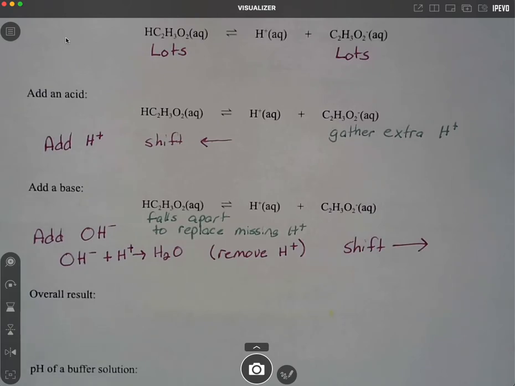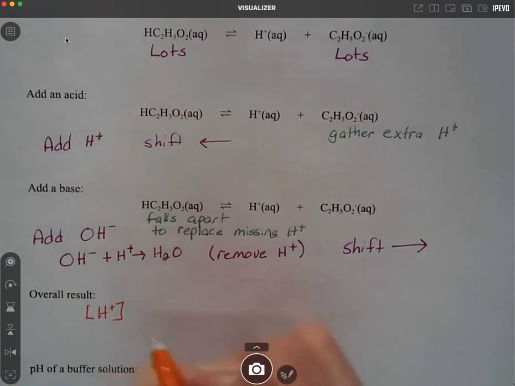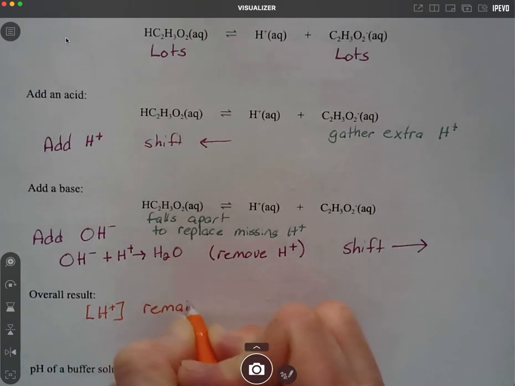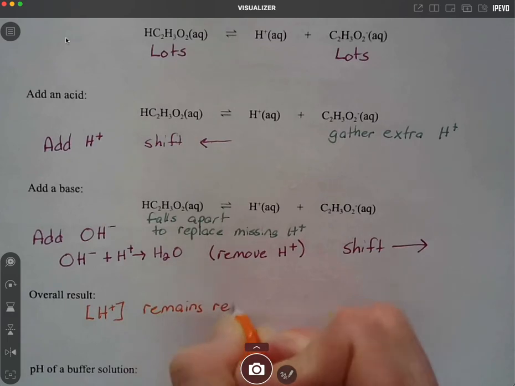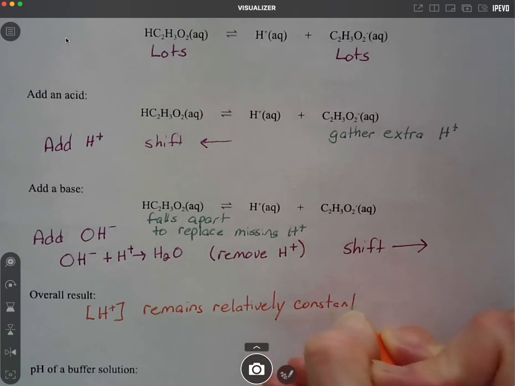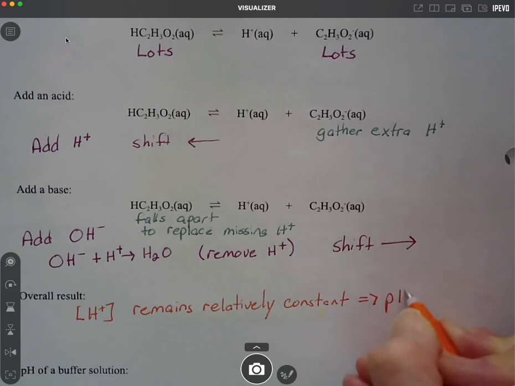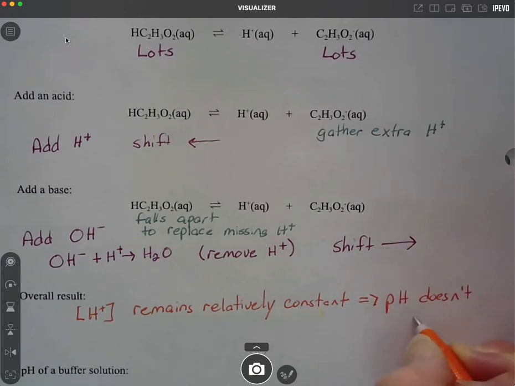So the overall result of this kind of fancy system here is that the concentration of the hydrogen ion remains relatively constant. And because of that, pH doesn't change much.